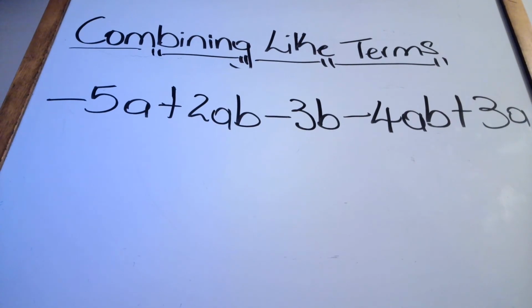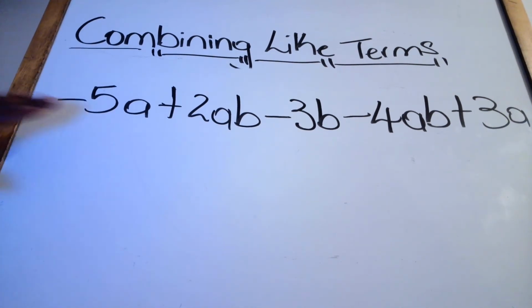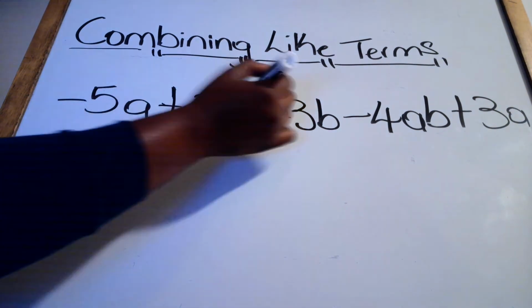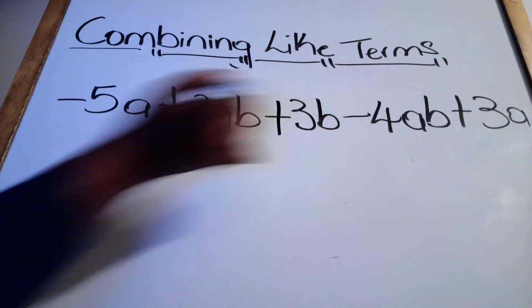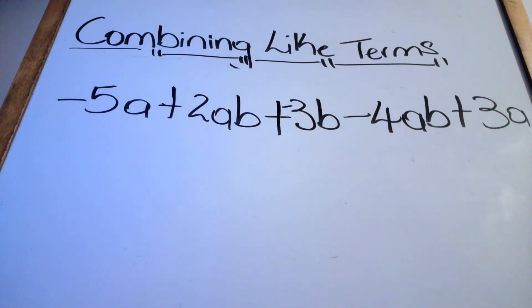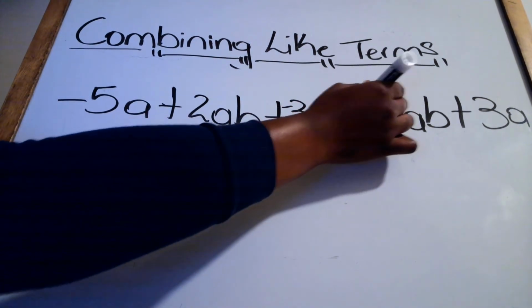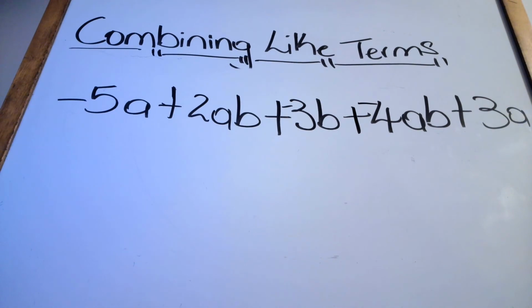Alright. So remember, first step, change all the subtraction to an addition. When the negative is at the front, you don't need to change it, alright, because we already know that this is a negative 5. So I'm going to change this subtraction to an addition, and this changes, so that's a negative 3. I change this subtraction to an addition, that becomes a negative 4a. Alright.